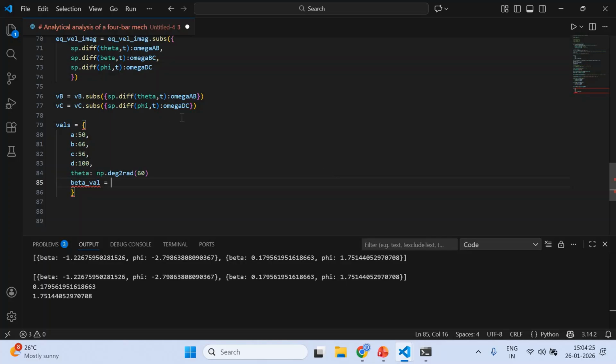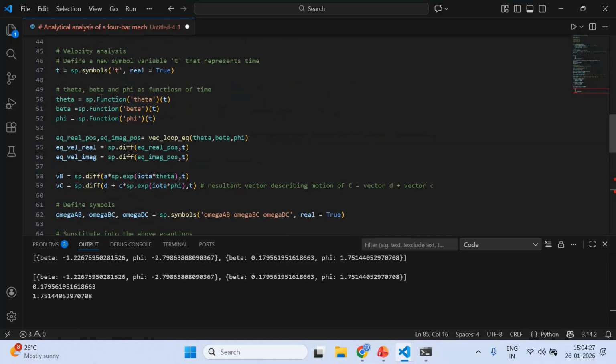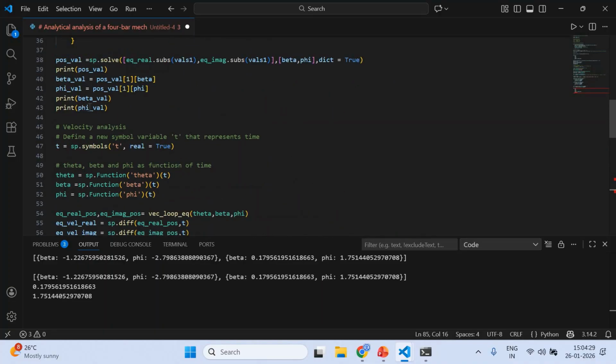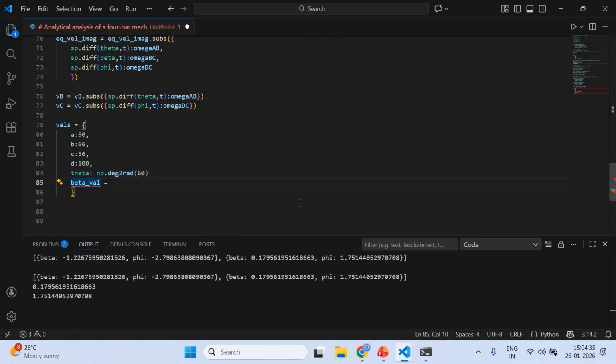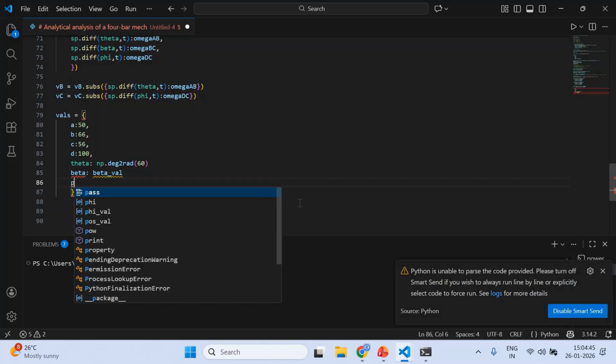So beta underscore well, we are taking from the previous calculations only, so we have already calculated. So we will simply take beta underscore well, and in the same manner phi.